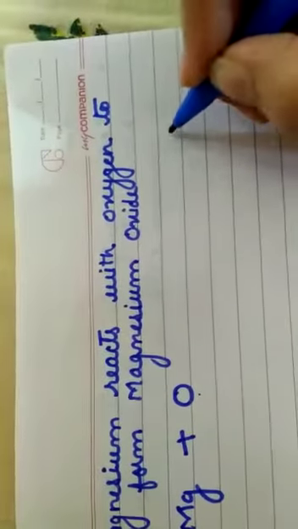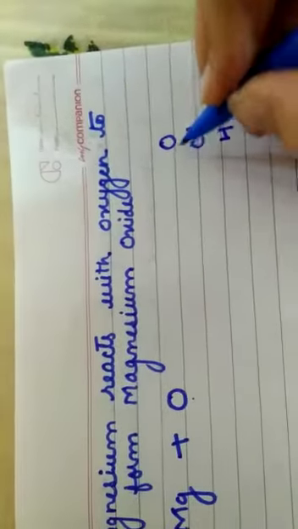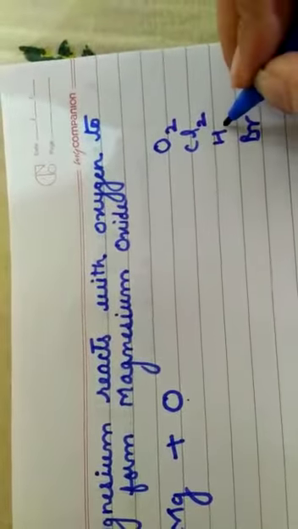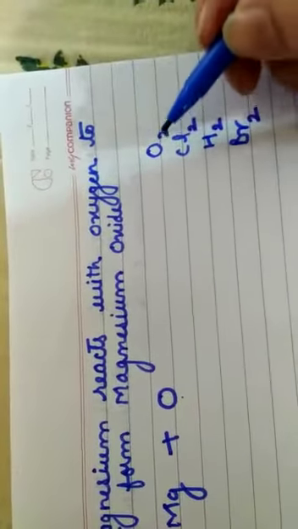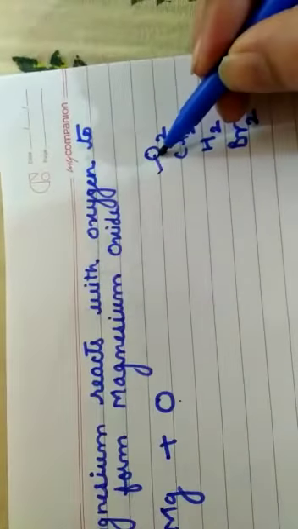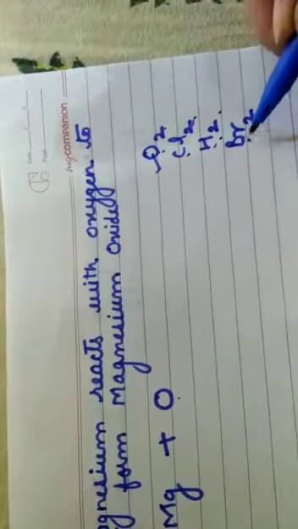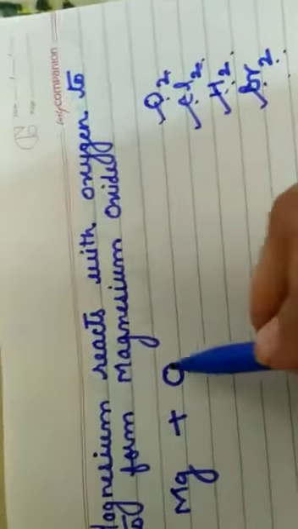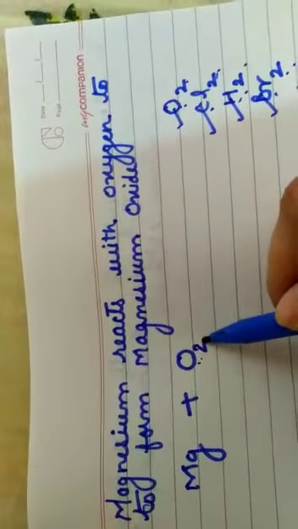For example, oxygen, chlorine, hydrogen, bromine: all these never exist independently in nature. They always exist like this: oxygen is O2, chlorine Cl2, hydrogen H2, and bromine Br2. Remember this. If you write oxygen like this, the equation will be wrong. So write O2 here.